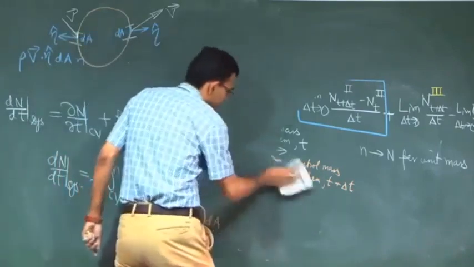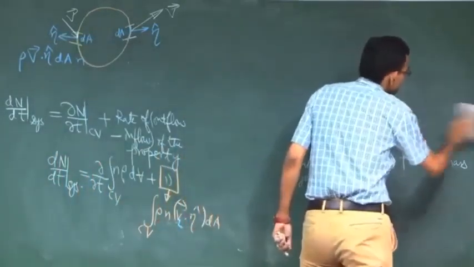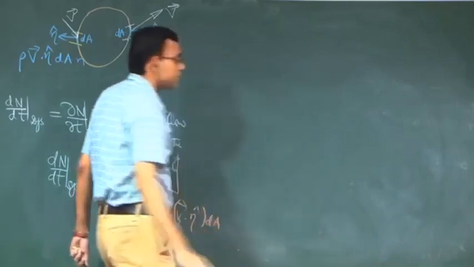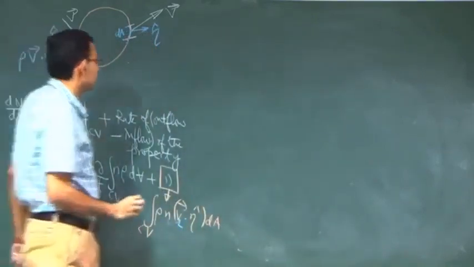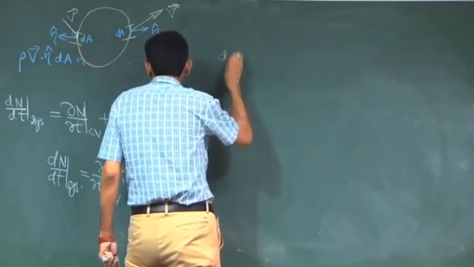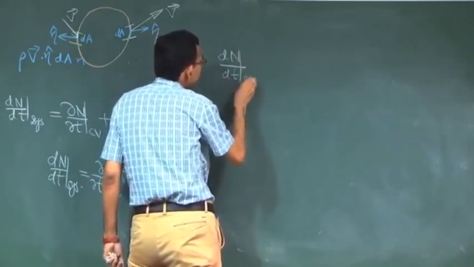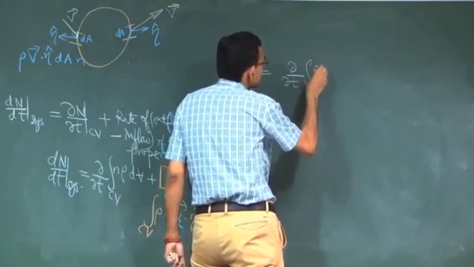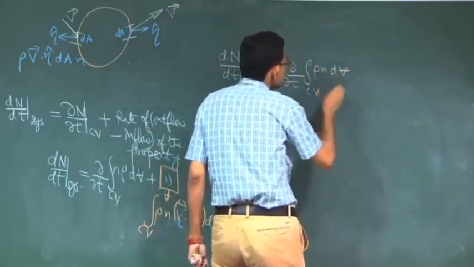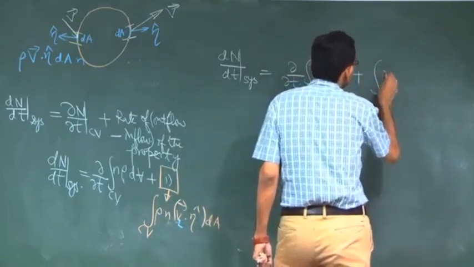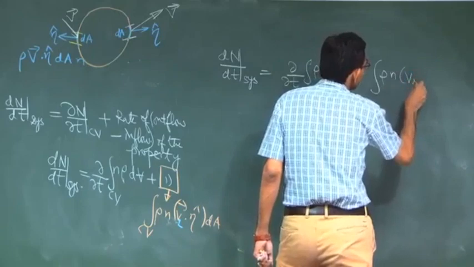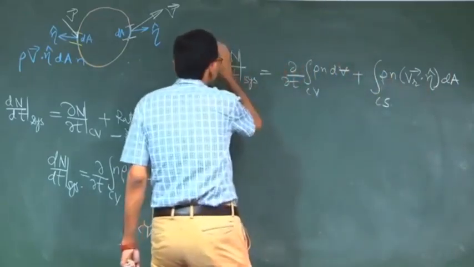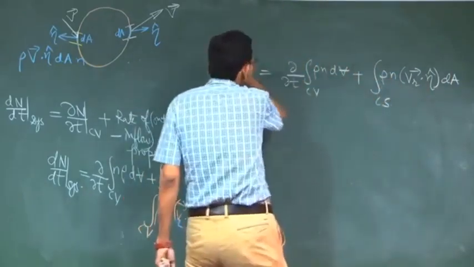So this equation therefore becomes dn dt of the system, and this is CS, the control surface, the surface of the control volume.